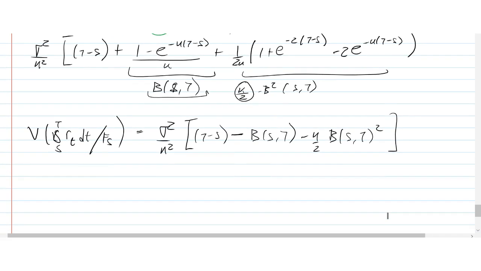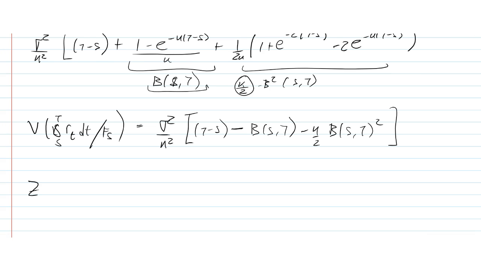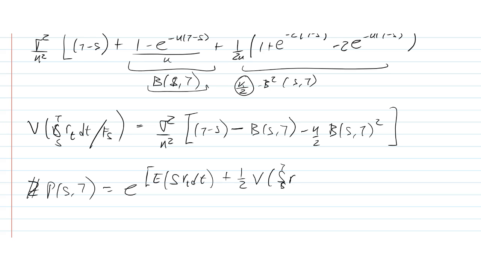Now remember that the zero coupon bond, which we call P, the price of a zero coupon bond from S to T, was just the exponential of the expectation of the rate plus 1/2 the variance of the rate s to t.